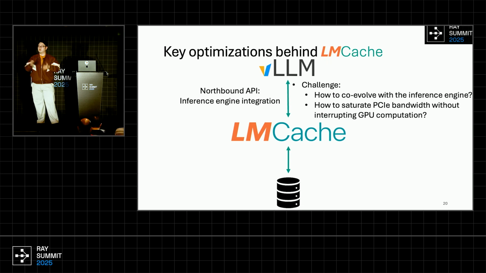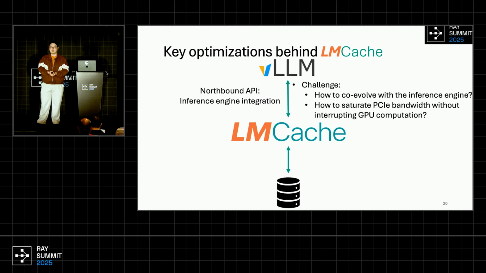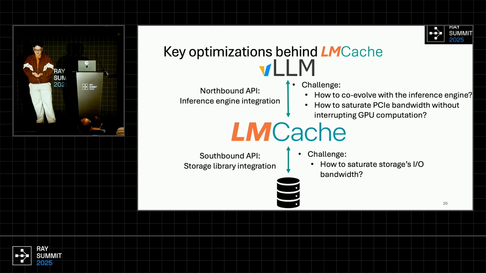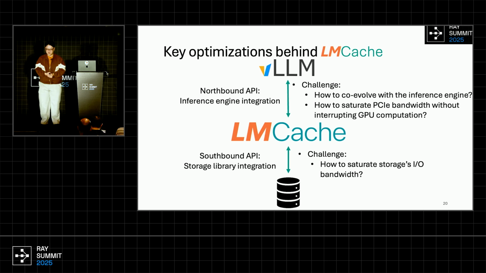First, how do you co-evolve with the inference engine, since the large language model space is so fast-paced? That is a very important practical concern. And also, performance-wise, how do you saturate PCIe bandwidth without interrupting GPU computation? This is basically all the engineering magic that we do there. For the southbound API, which is the storage library integration, the main challenge is how to maximally saturate the storage libraries' IO bandwidth, letting them load KV cache as fast as we can.